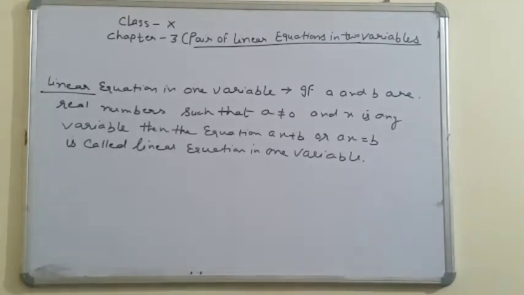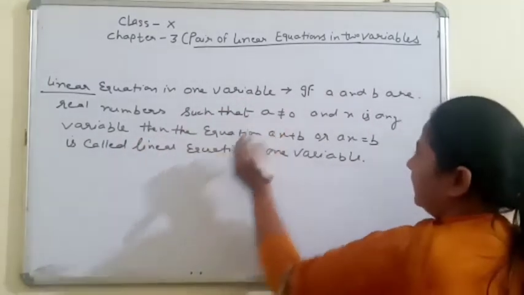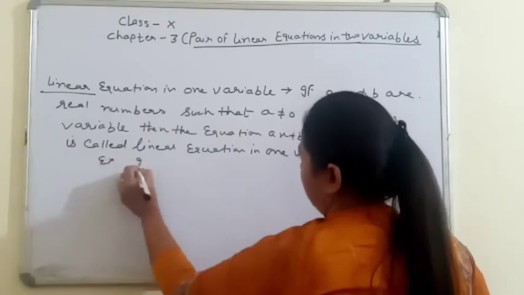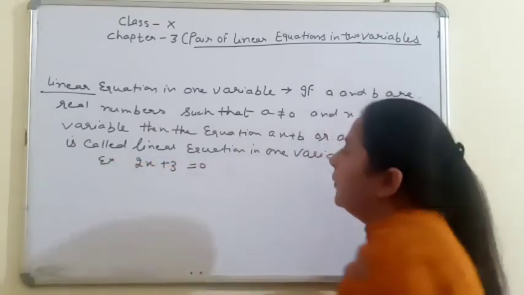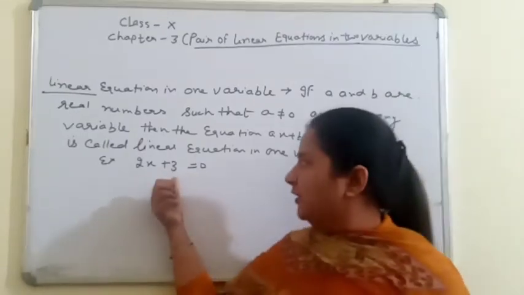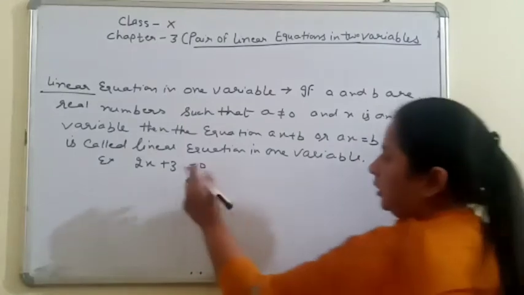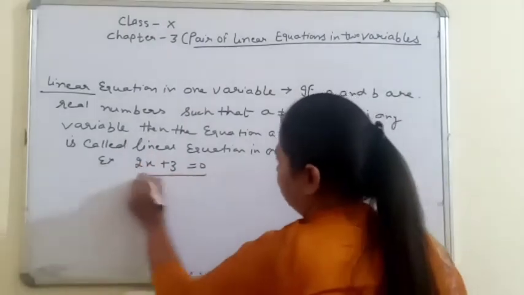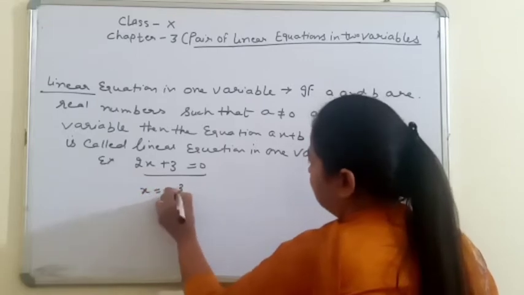Now, any value which satisfies the given equation, let's take one example, that is 2x plus 3 equal to 0, is called the solution of the equation. So here x equal to minus 3 by 2.